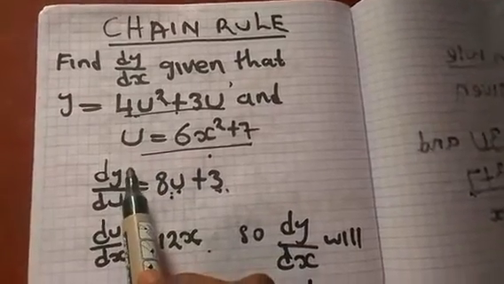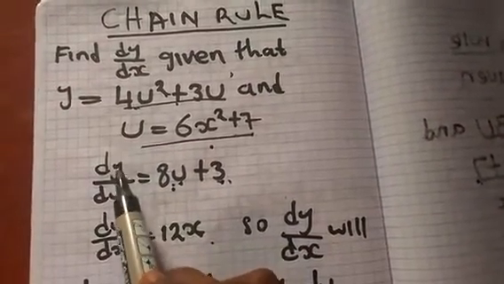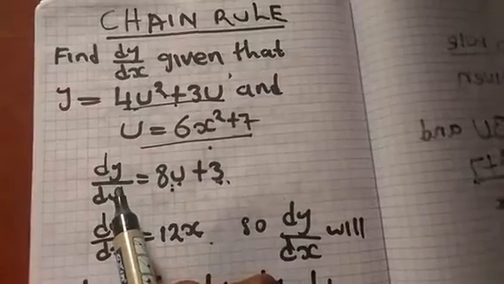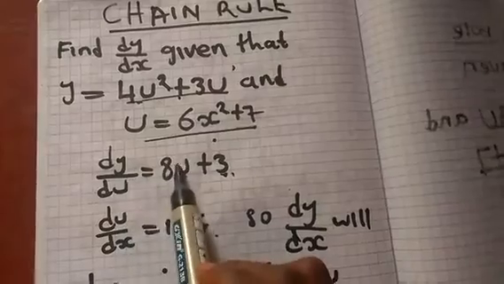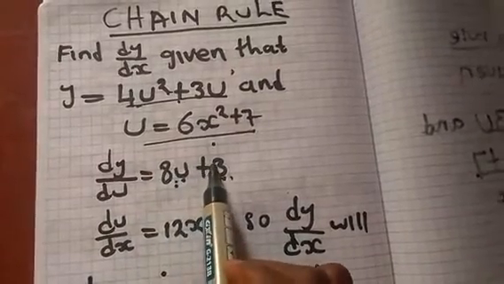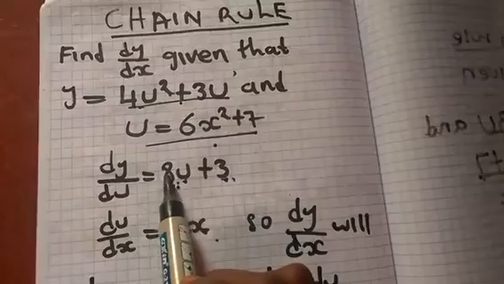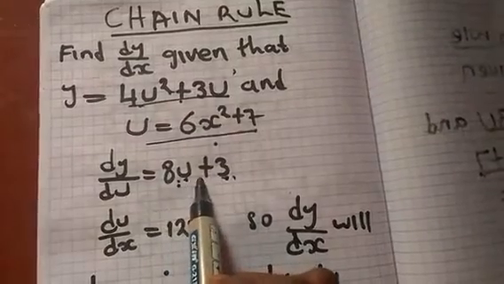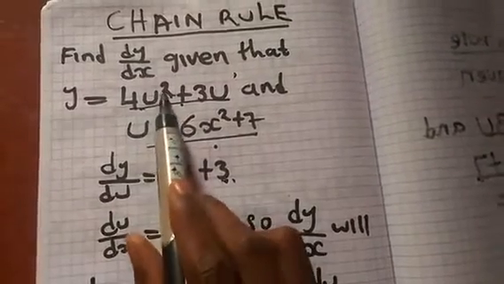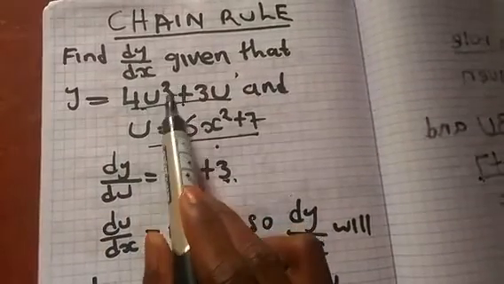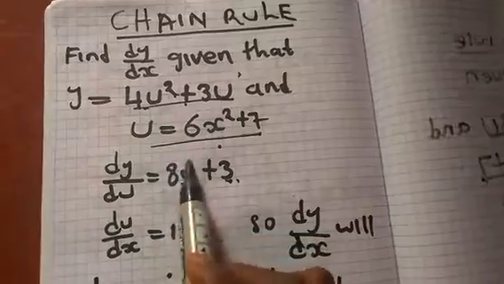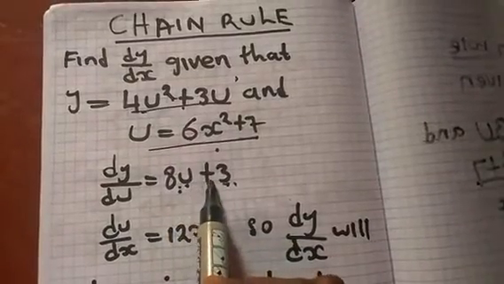First, we need to find the derivative dy/du of the external function, which is 8u plus 3. When you take the derivative, 2 multiplied by 4 is 8, then 2 minus 1 is 1, so we get 8u plus 3.